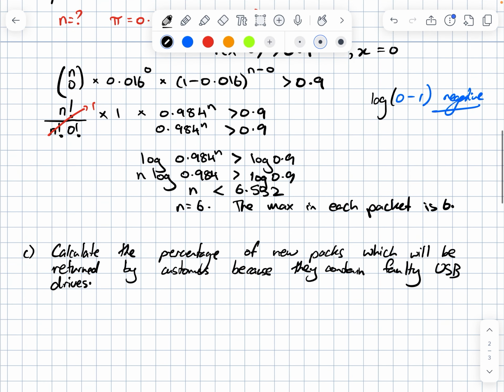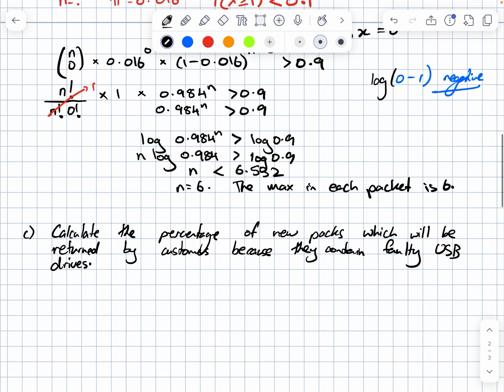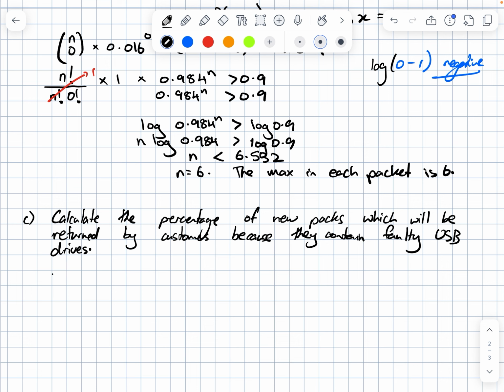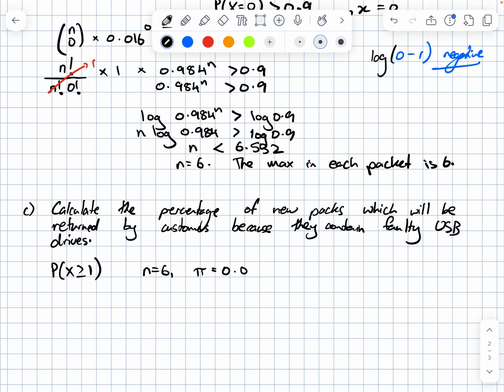Finally, calculate the percentage of new packs which will be returned by customers because they contain faulty USB drives. Remembering, for something to be returned, that means that we need the probability that x is greater than or equal to 1. We know that n is now 6. We know that pi is from before, 0.016. To calculate the probability that x is greater than or equal to 1, that equals 1 minus the probability that x equals 0.